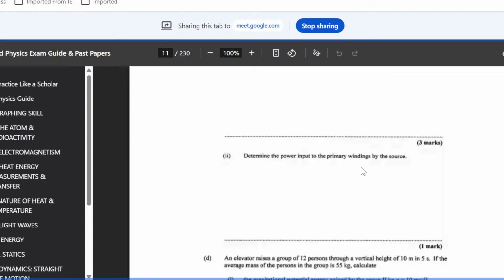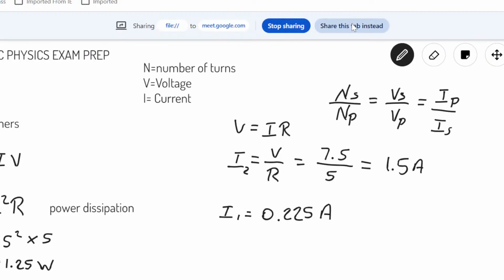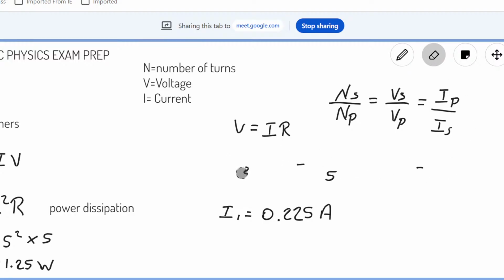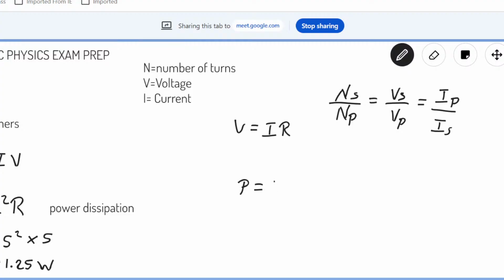All right, it's just P equals IV, and you input your values there.